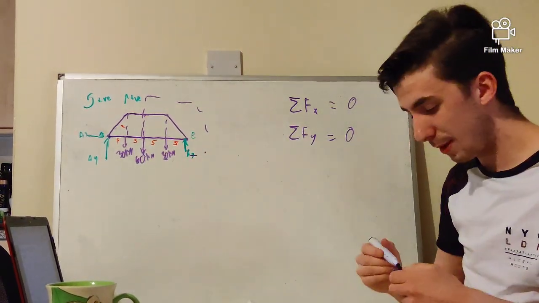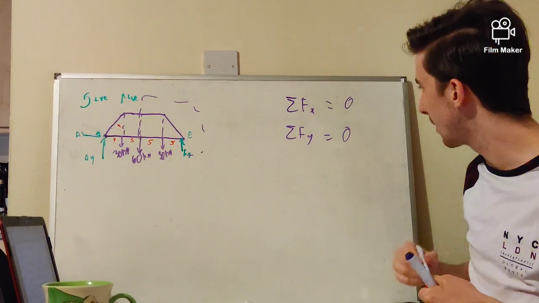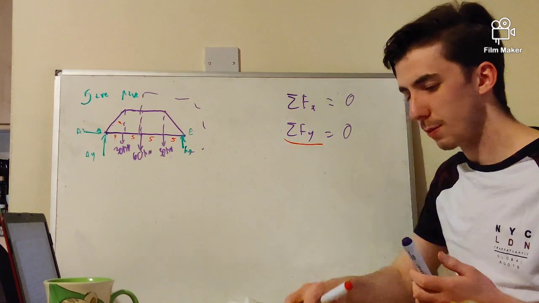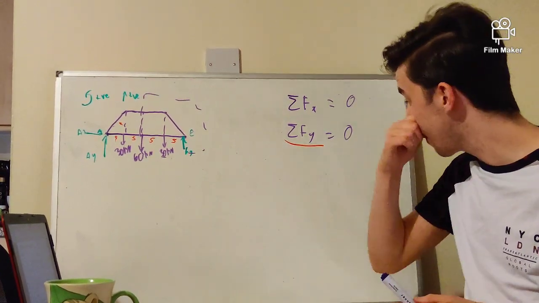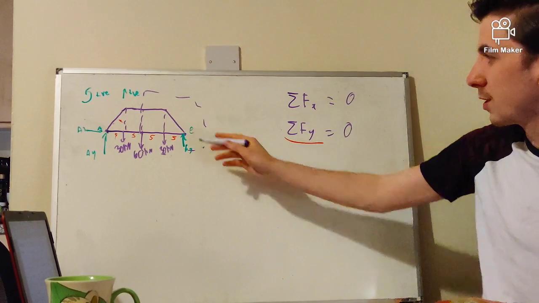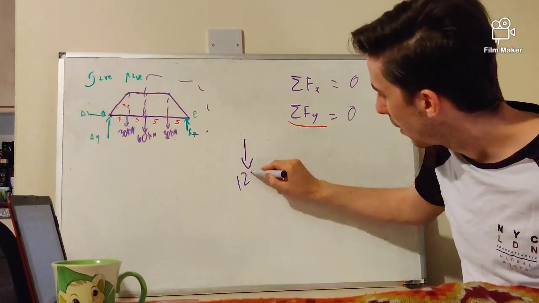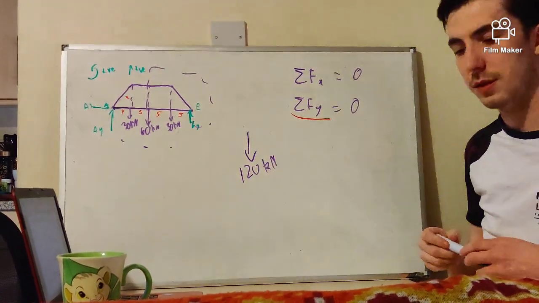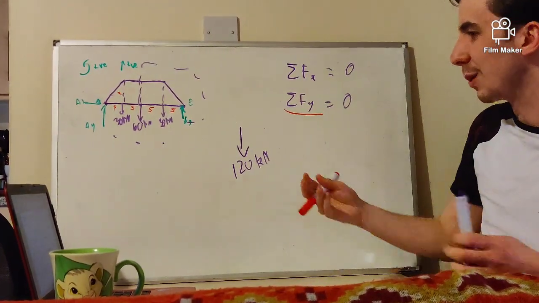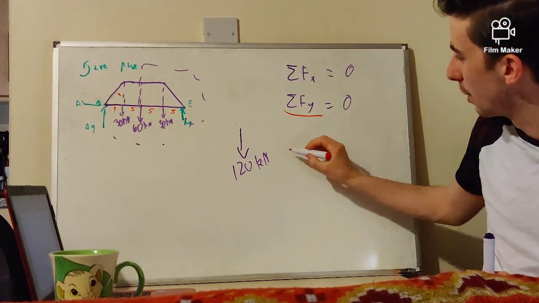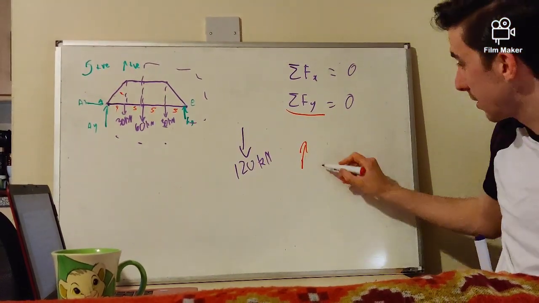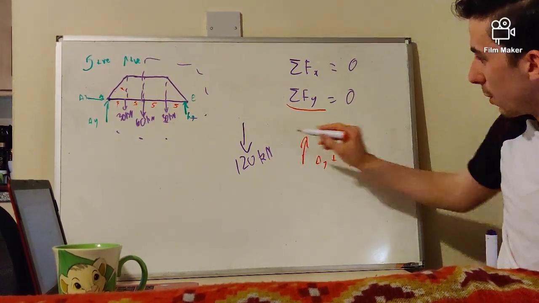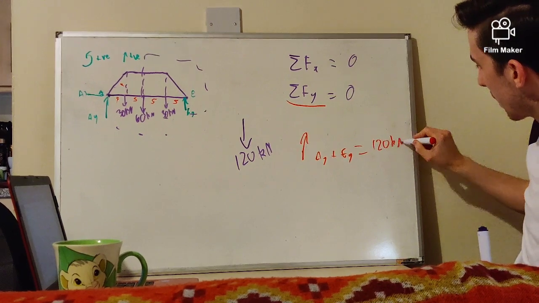So that means that the simplest one to figure out is probably going to be sum of the forces in Y. Now, I'm sure some of you are questioning that. It's because it's symmetrical, we've got a full 120 kilonewtons reacting downwards. That's these three. Which means that because it's in equilibrium, it's not going anywhere. We know that the reaction that way, that is to say AY plus EY, has to equal 120 kilonewtons.